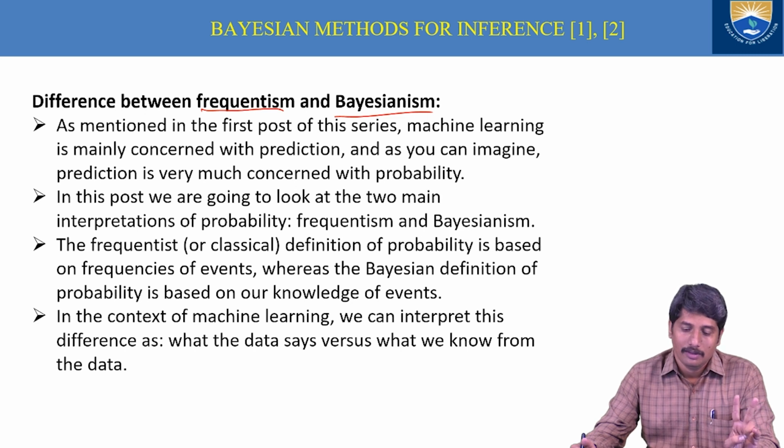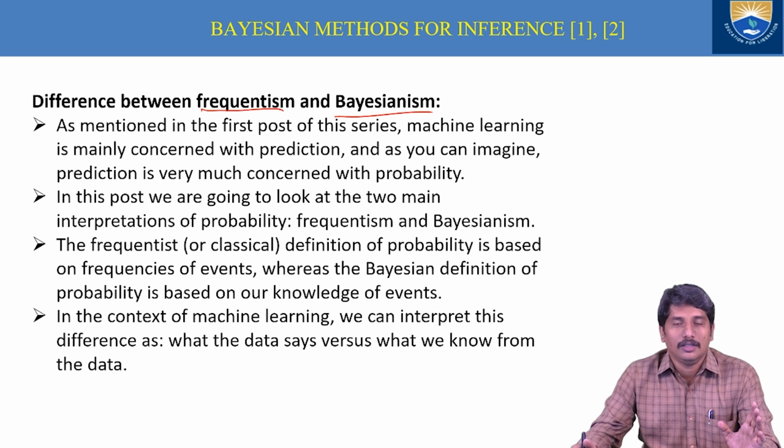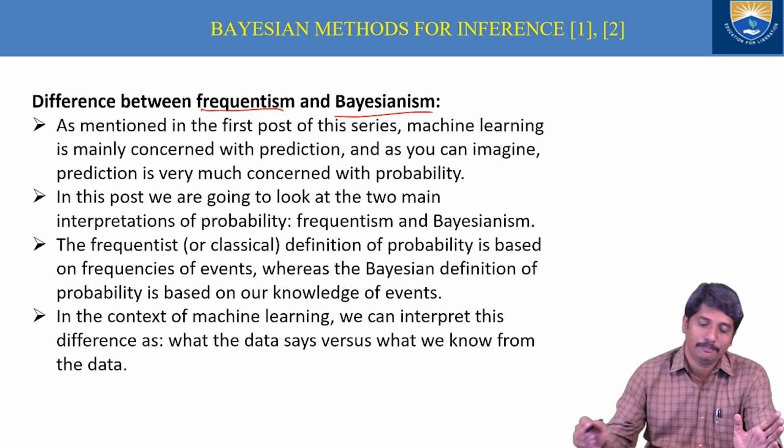The first one is frequentism. It's an approach we generally apply practically to estimate or assess something. And the second approach is Bayesianism, which is a little wiser than frequentism. Let us discuss what we mean by frequentism and what we mean by Bayesianism.